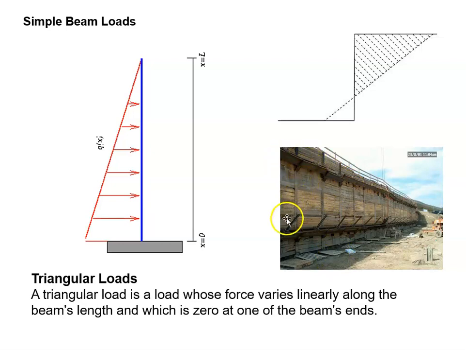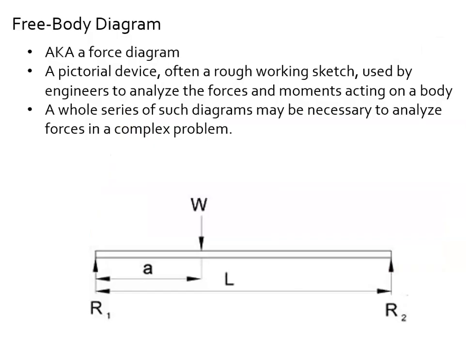And then as we go down and deeper into the earth, so this is grade where the grass is, where we stand outside our house. And then here's our basement wall, and as we go deeper into the earth, the force increases on that wall. So it's 0 at grade, and then it goes to its maximum down here above the footing. All right, so that creates a triangular load.